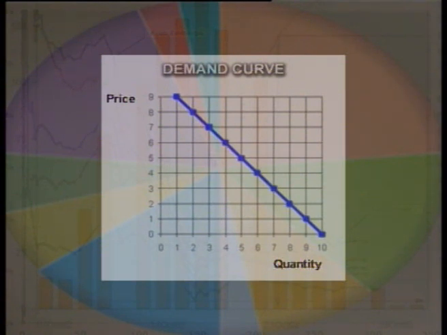Here also we find that the demand curve slopes downwards from the left to the right, indicating that whenever the price is high, the quantity purchased is less, and when the price falls, the quantity demanded increases. These are the three methods by which we can depict or analyze the relationship between the prices and the quantities purchased.